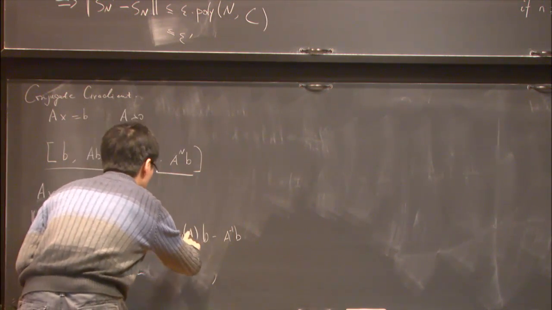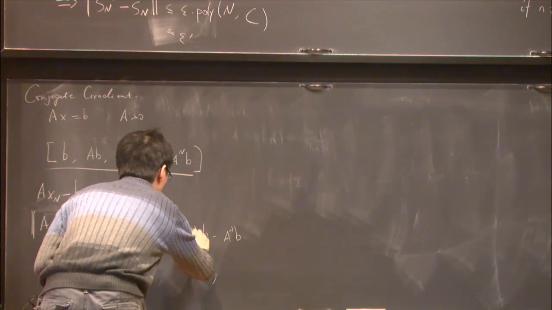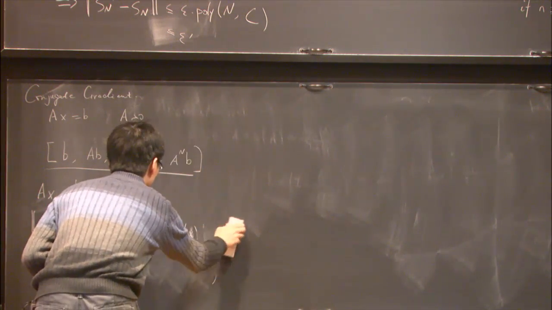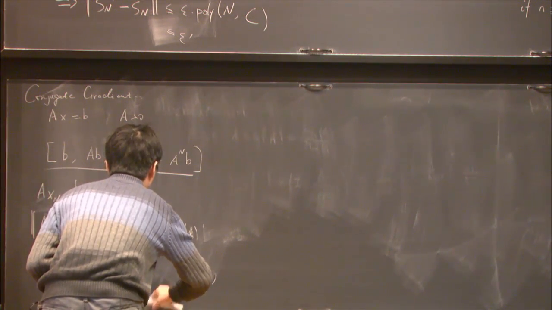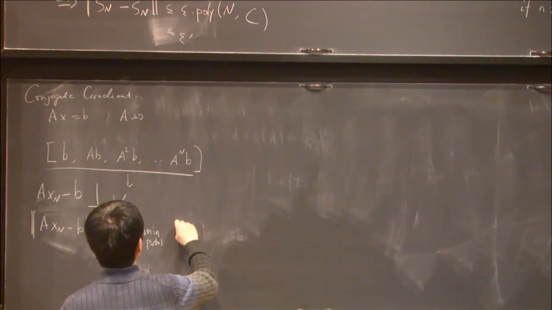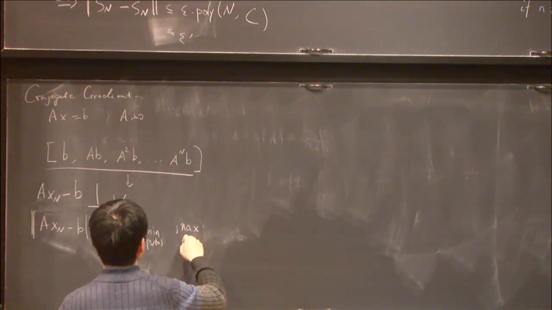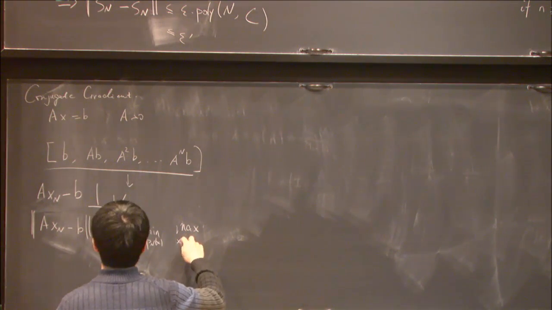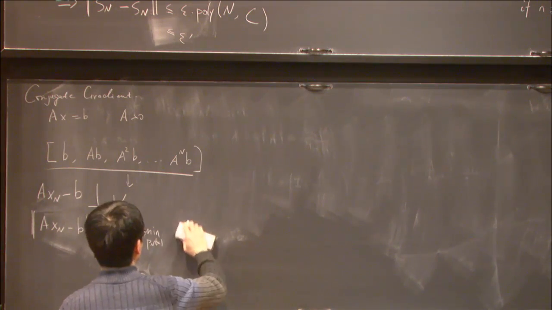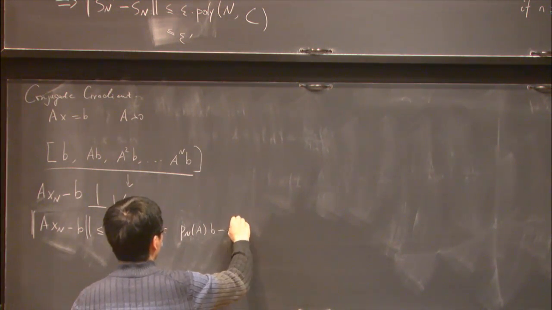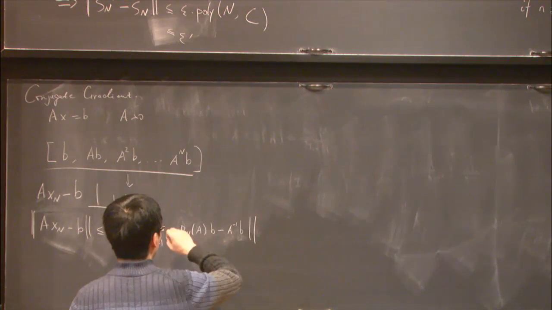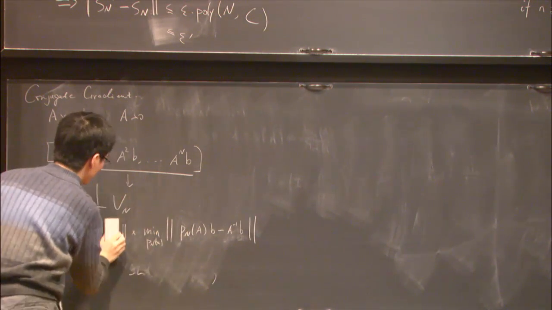Let's see, so no, what do I mean? Maybe I should do this. Polynomials, and maybe the max. Yeah, I should do a min max. Maybe no, let me not do the max. I'll just do Pn(A)B minus A inverse B. Yeah, if I do that, then I don't have the multiplication.